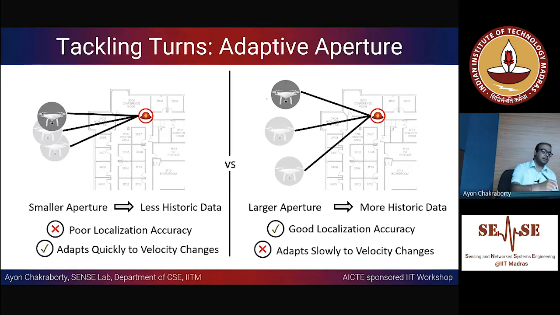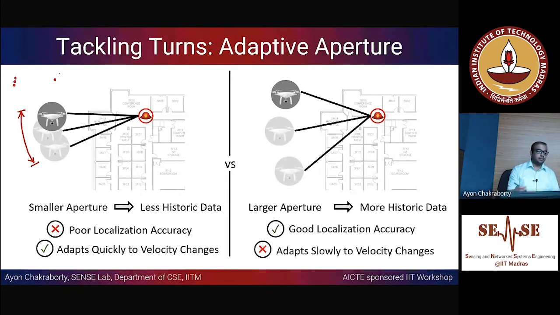What does a smaller aperture mean? Smaller aperture means that the geometric diversity that we have is less, right? Think about three anchors placed close to each other. We saw a demo, right? If we just have these three anchors placed close to each other, and you have the node here, the geometric dilution of precision will be very poor.